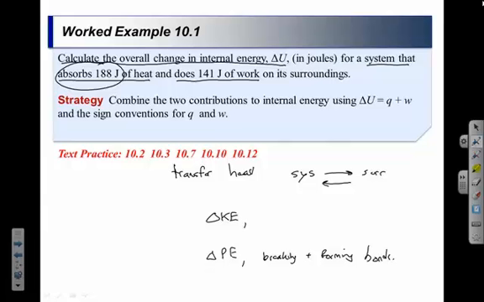So when you change the potential energy, that energy will be transferred between the system and the surroundings. The potential energy may be converted into kinetic energy, so you may see a kinetic energy change for the surroundings if the system undergoes a potential energy change, so that's also important. Usually what we see is the potential energy change for the system gets converted into a kinetic energy change for the surroundings.